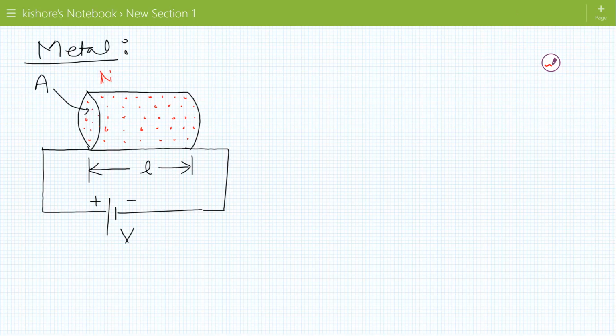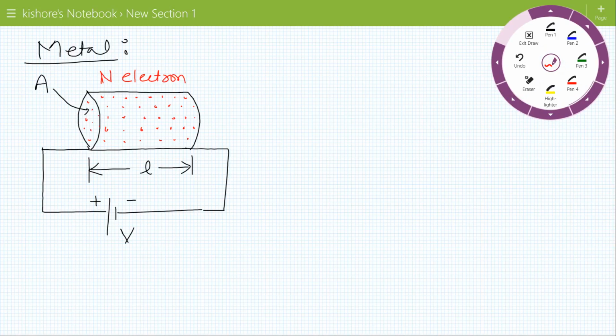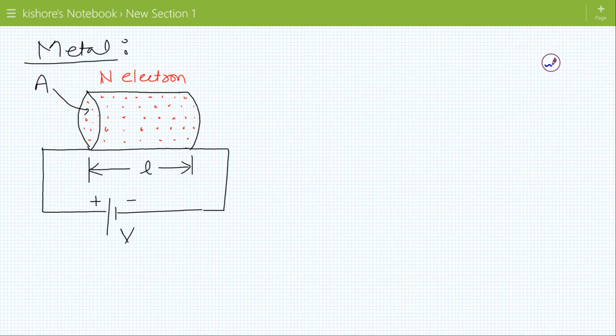This conductor has N electrons. Because this conductor is connected to the excitation, due to this excitation, all electrons are drifted in one direction.